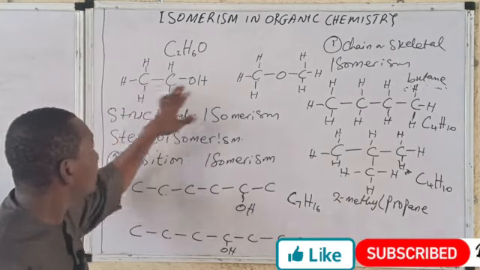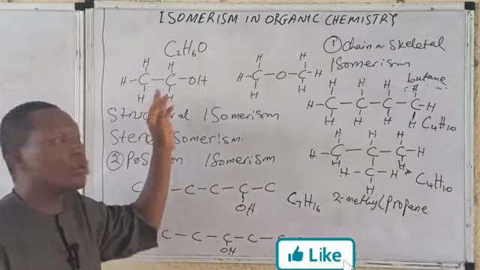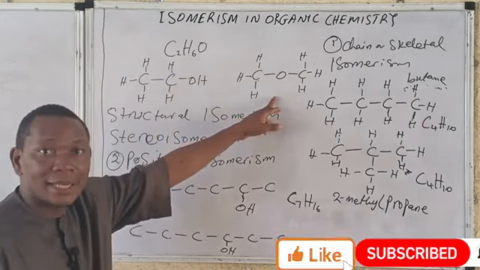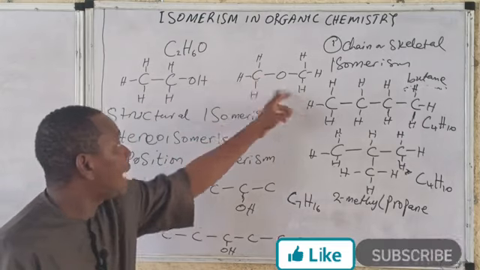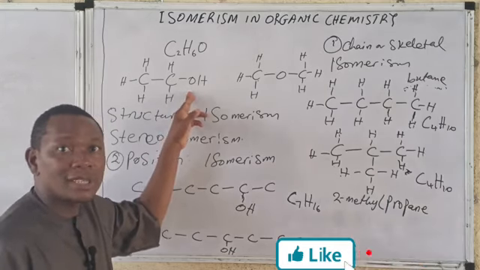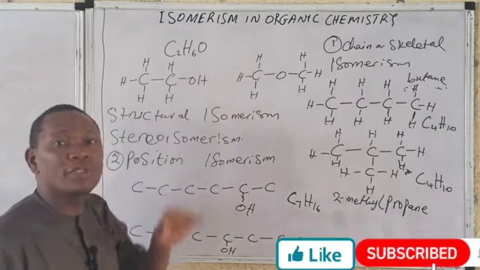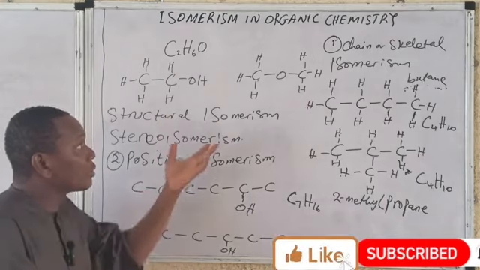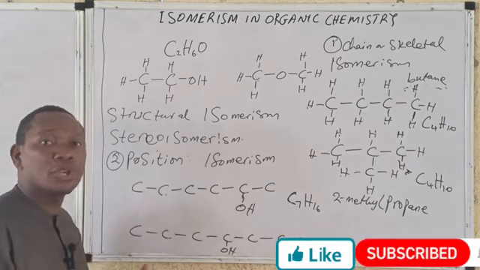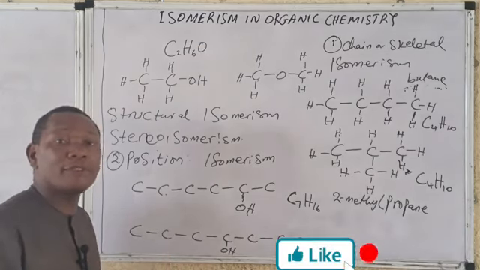For example, this and this have the same molecular formula, but this one is an ether, dimethyl ether, while this one is an alcohol, ethanol. Completely different. So it's the knowledge of isomerism that helps us understand that compounds can have the same molecular formula but different properties.